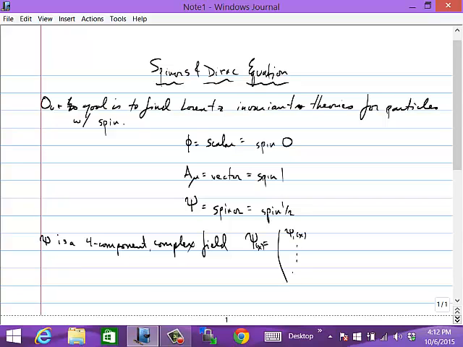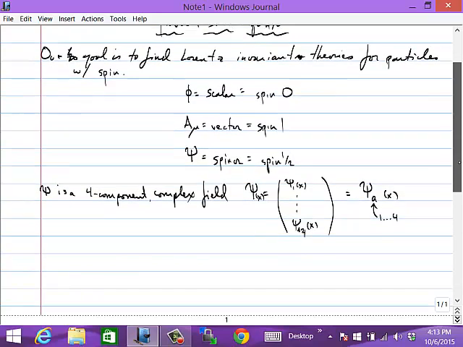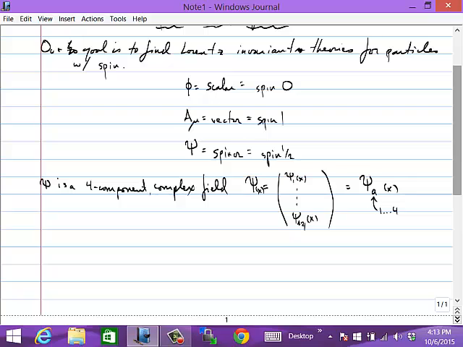You could think of it as a column vector with 4 components, or you could write it in an abstract index notation as an object with a spinor index A that runs from 1 to 4. But usually in this class, in order to keep notation as compact as possible, we're just not going to write out the spinor index explicitly, not write things as a column vector explicitly, if we can help it, and just refer to the 4 components as a spinor field psi.